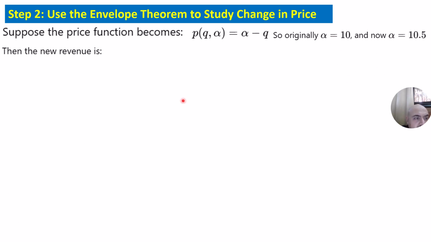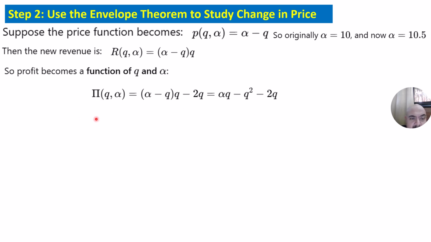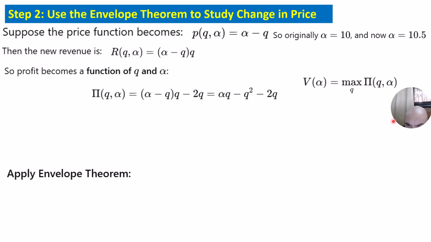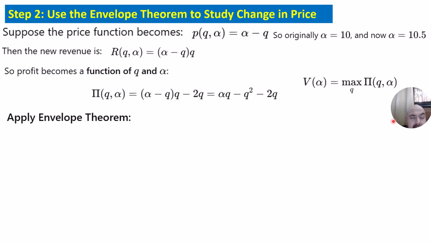Okay, perfectly. Then the new revenue function is (alpha minus Q) times Q, and the profit function will be in this form. This is if I started my derivation from the beginning. This is the value function, the maximum value. Now let's apply the envelope theorem.